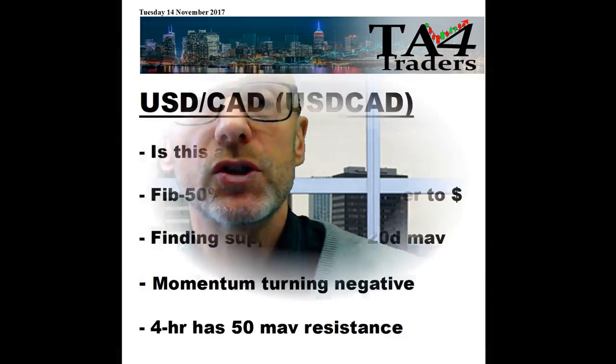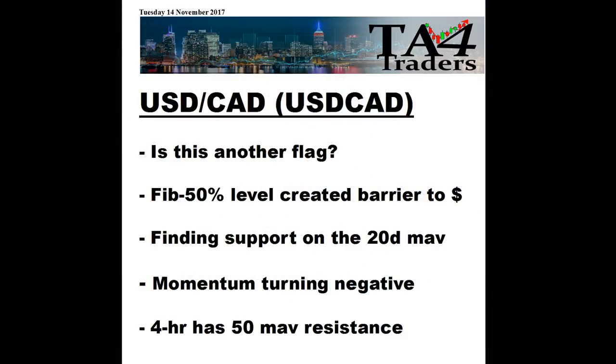So that's been TA for Traders, having a look at US dollar versus Canadian dollar. The conclusions from the video, well, we haven't quite discerned, is this another flag? Let's wait and see. The Fibonacci 50% level has created a barrier to dollar strength, hence the flag. We're presently finding support on the 20-day. That's probably the critical on the daily.